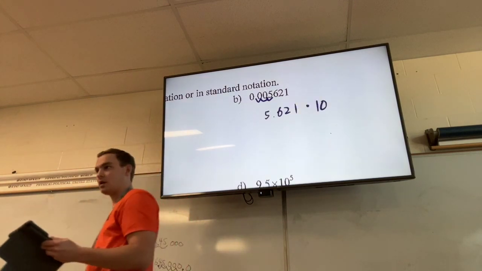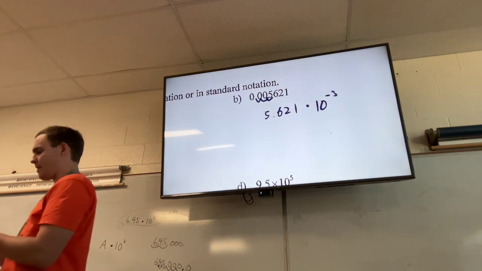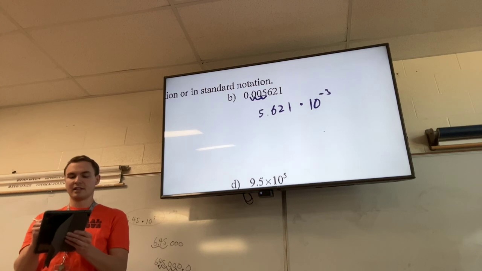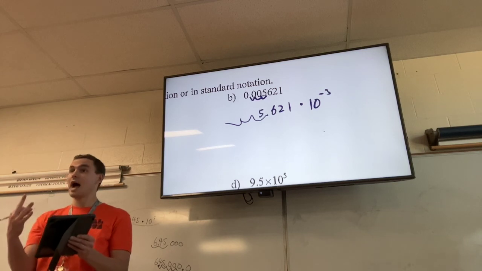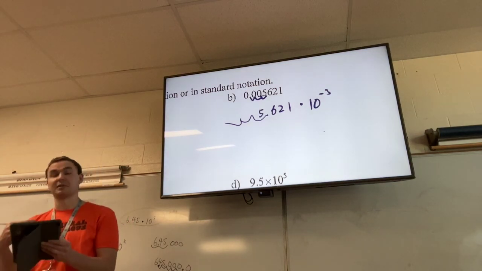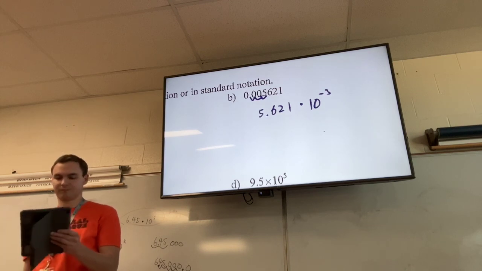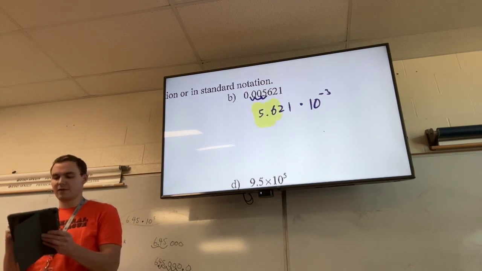Does anyone know? -3, yeah. This -3 tells my reader, to get my original number back, you've got to move the decimal place to the left 3 times, i.e. you've got to divide by 10 3 times, or multiply by 10 to the -3, okay? You following that so far?